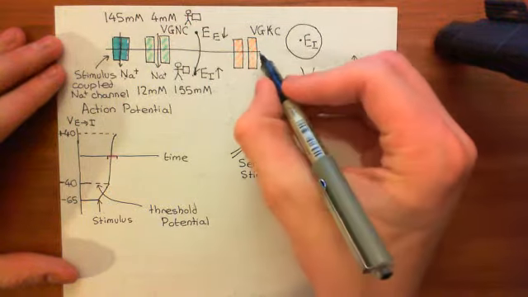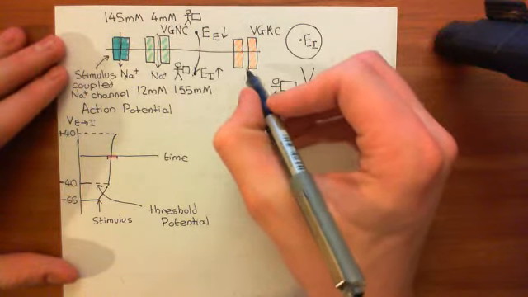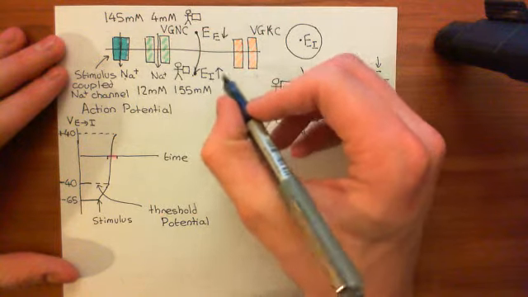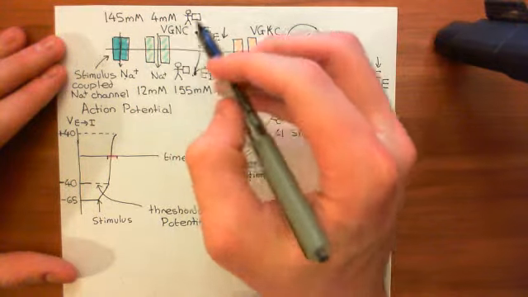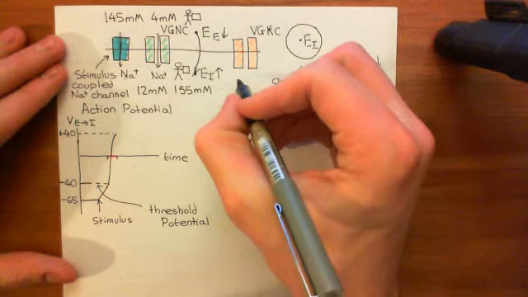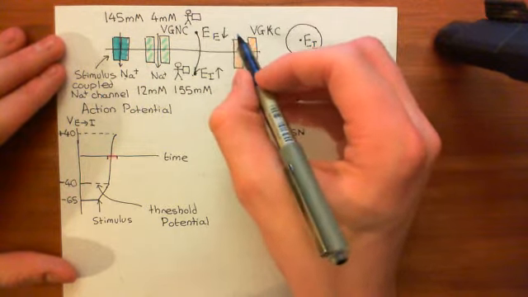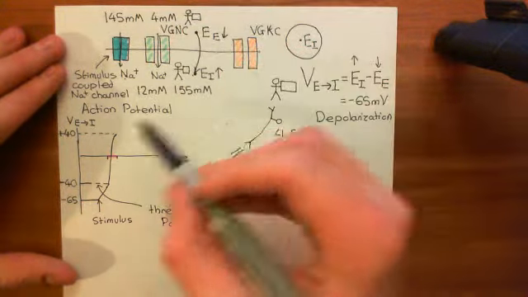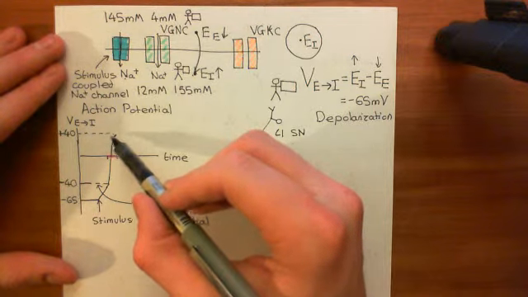So we now need to think about which direction potassium is going to move through these voltage-gated potassium channels. You've got a very high concentration of potassium in the cytoplasm, and a much lower concentration in the extracellular fluid. So the concentration gradient favors the movement of potassium out of the cell. Meanwhile, we also have to consider the electrical gradient. At the moment, the electrical potential difference across the cell membrane is at plus 40 millivolts.